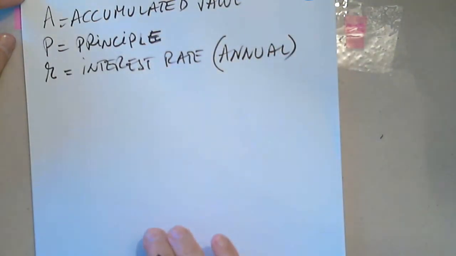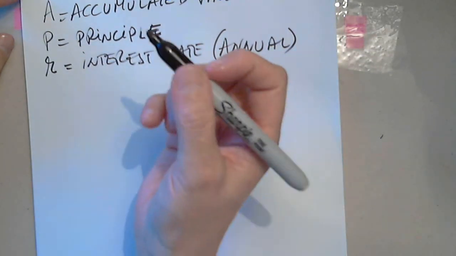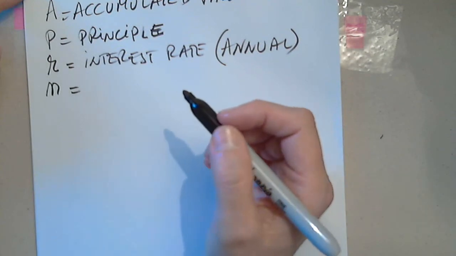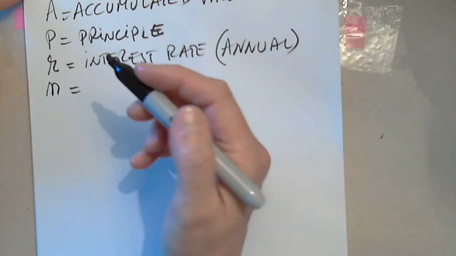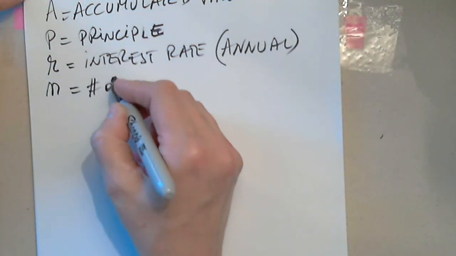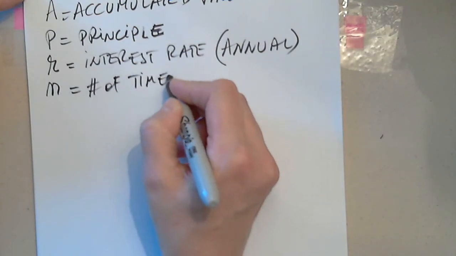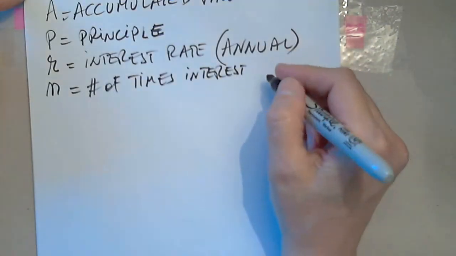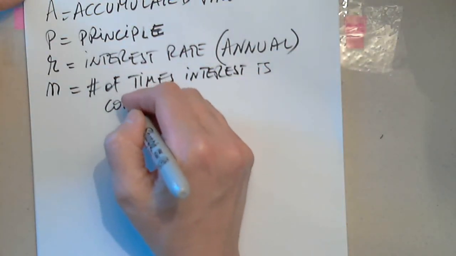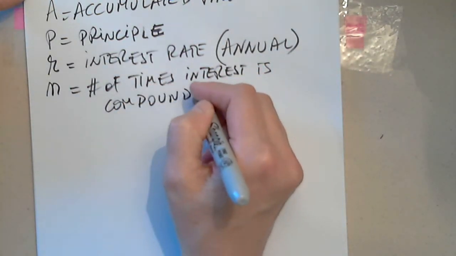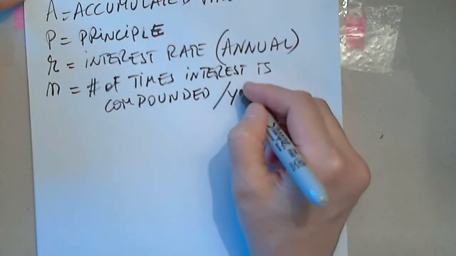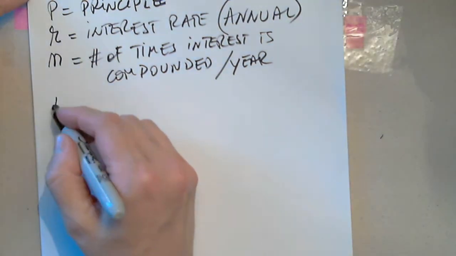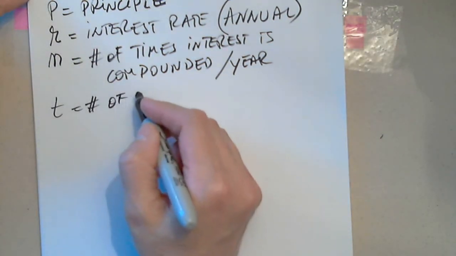Next one, lowercase n is the number of times the interest is compounded, recalculated, per year. T, number of years.